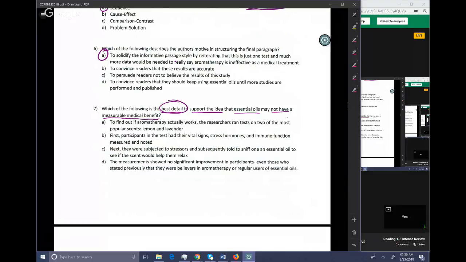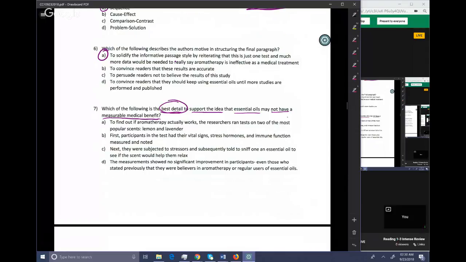So if you and I are in conversation and you say to me, essential oils may not have a measurable medical benefit, what is the next thing you're going to say to me right after that? So let's say you say to me, essential oils may not have a measurable medical benefit. And I say, what? How do you figure that?